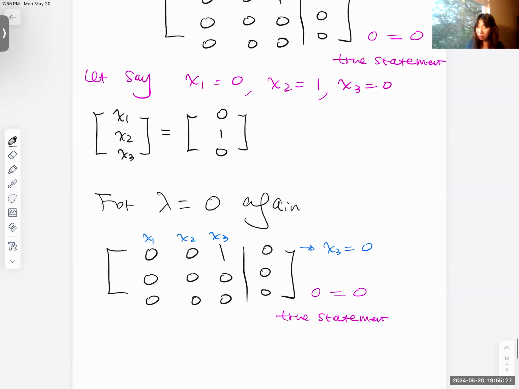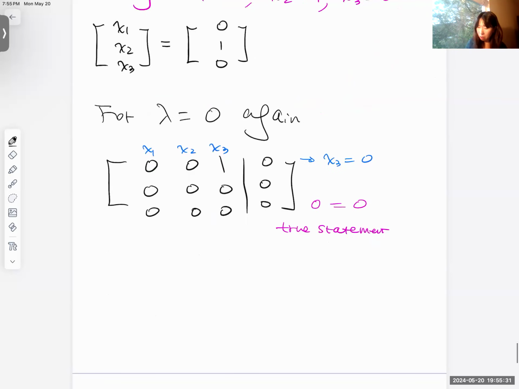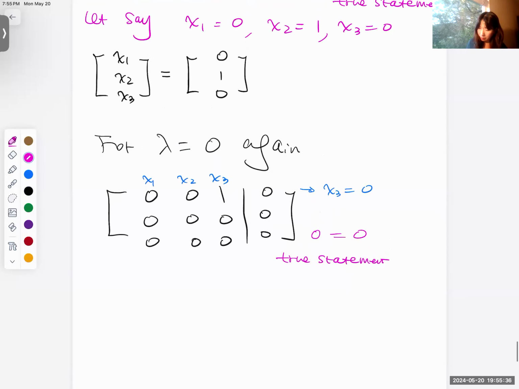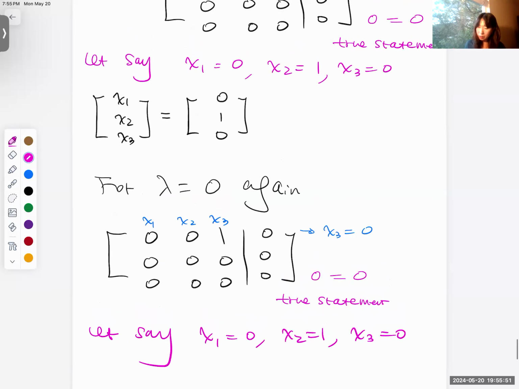You want to pick 0, 1, 0 again? That's fine too. You can pick whatever you like, but we have to keep x of 3 equal to 0.